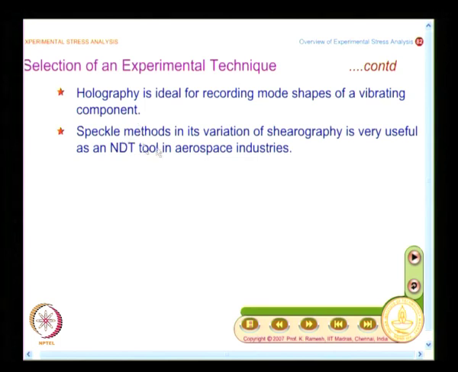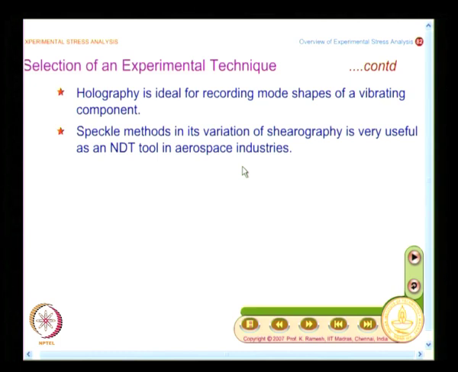And more composites and honeycomb panels are used in space technology. So they all have the delamination problem, and speckle methods in its variation as shearography is very useful as an NDT tool in aerospace industries.